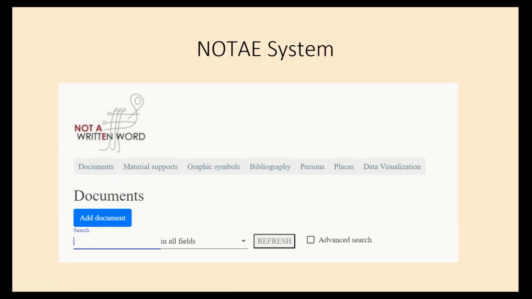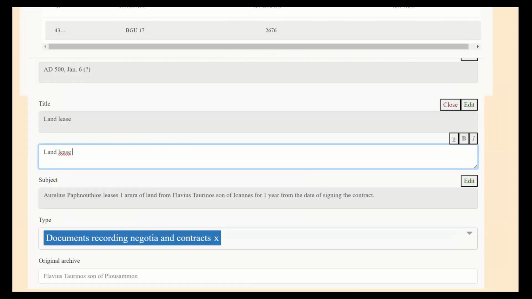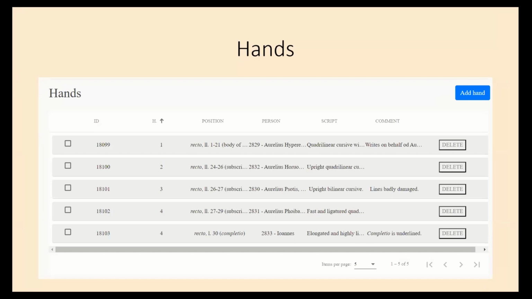The document sheet provides data about the papyri, so obviously the shelfmark, title, date, the archive to which they belong, language, presence of symbols, but we also find the typology and, what is very important, information about the hands involved in the document.